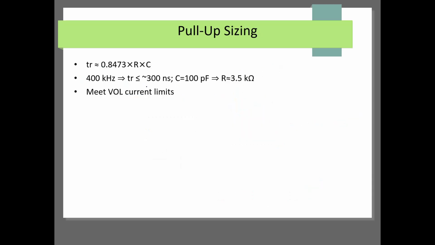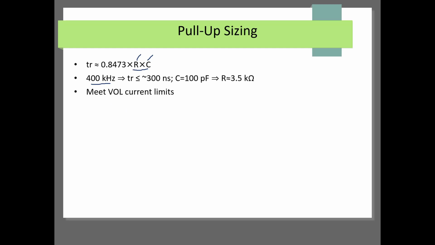And this is the pull-up sizing. So TR, that means rise time, depends upon the time constant RC, right? Resistance and capacitance values we are increasing. Suppose I am supporting 400 kilohertz. That is approximately equal to 1 by 400, kilo meaning 10 to the power 3.